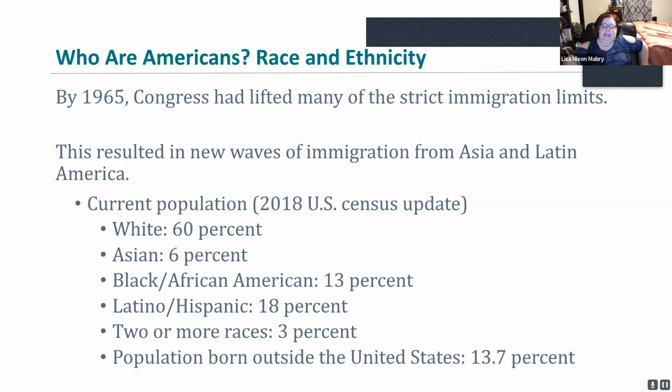So as of 2018, we had 60% white, 6% Asian, 13% Black or African American, 18% Latino or Hispanic, two or more races, 3%. Populations who were born outside of the United States, 13.7%. So it's still a very large white population, but that is whittling quickly.